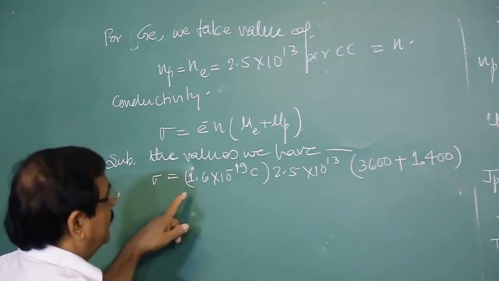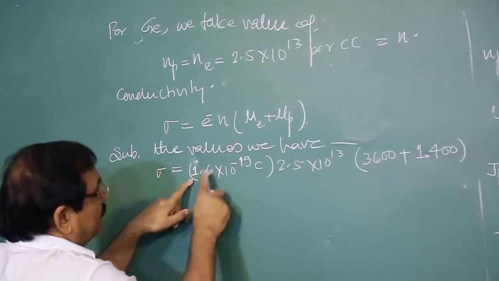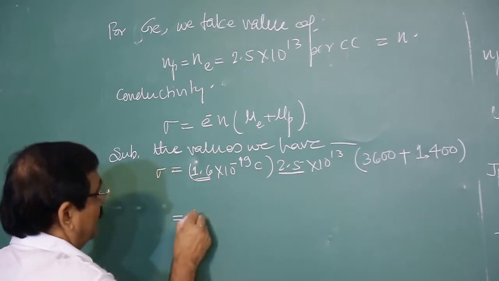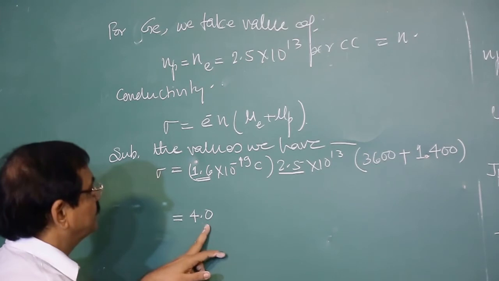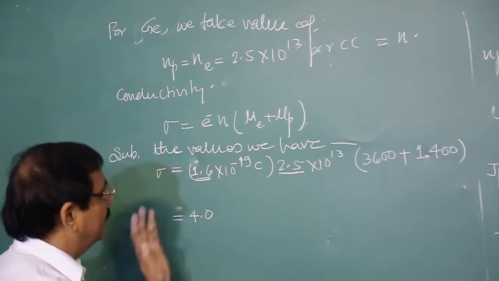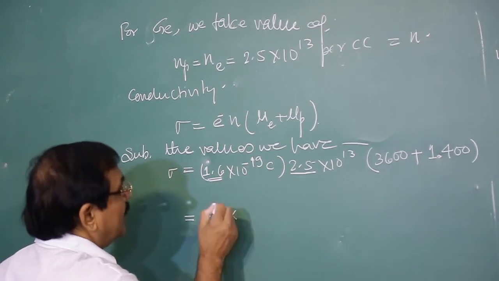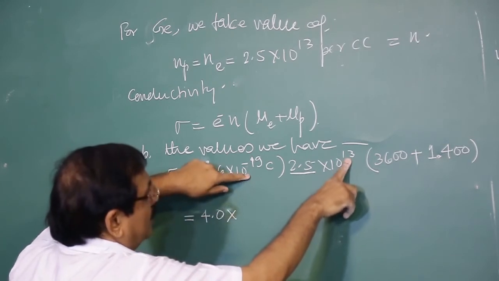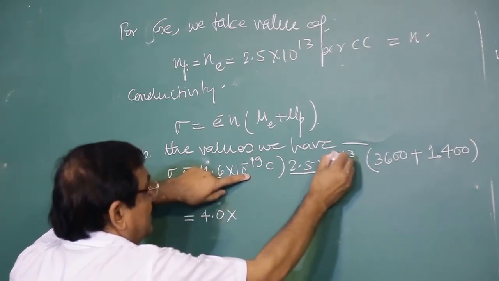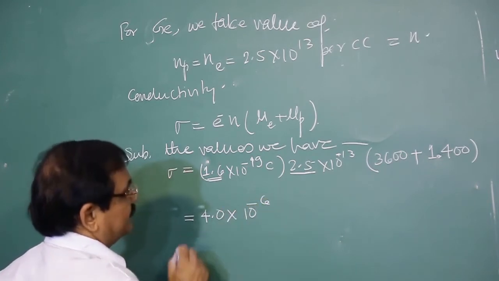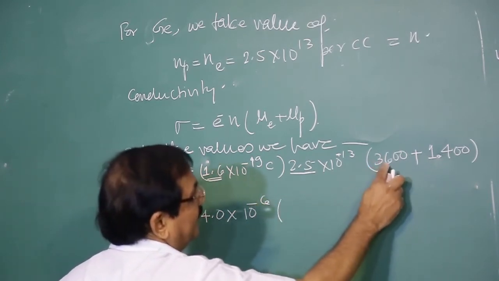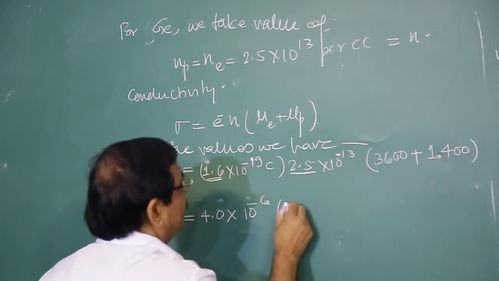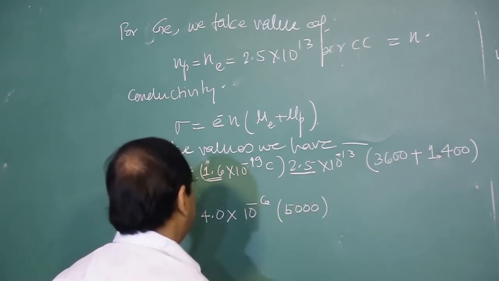So, 1.6 multiplied by 2.5 is 4.0, and the powers 10 to the power minus 19 and 10 to the power plus 13 give 10 to the power minus 6. Inside the bracket, 3600 plus 1400 is 5000.